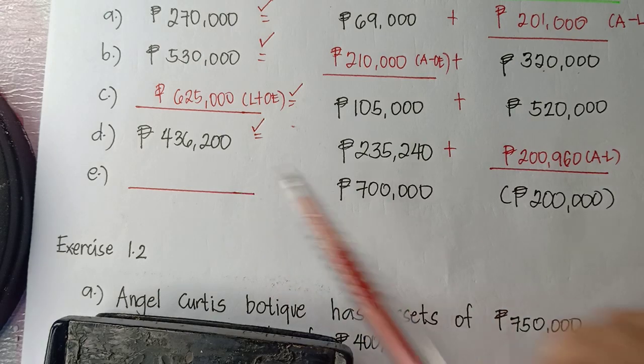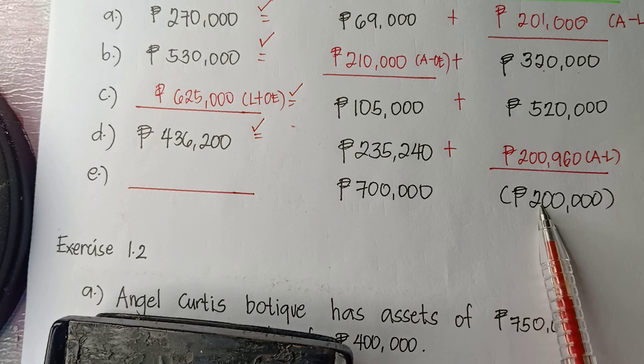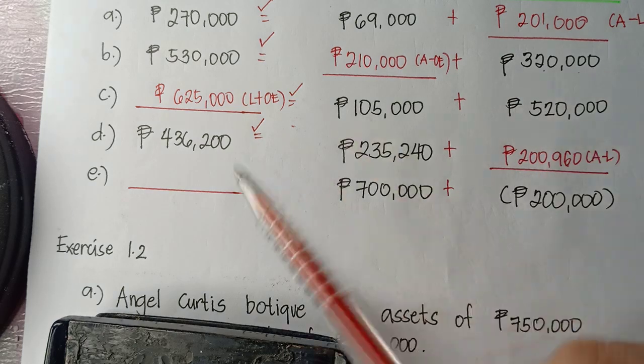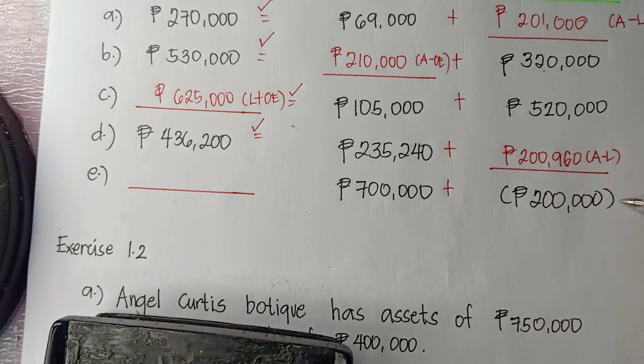Assets is missing. For liabilities, we have 700,000 and our owner's equity is negative 200,000. Now let's compute how much the assets is.